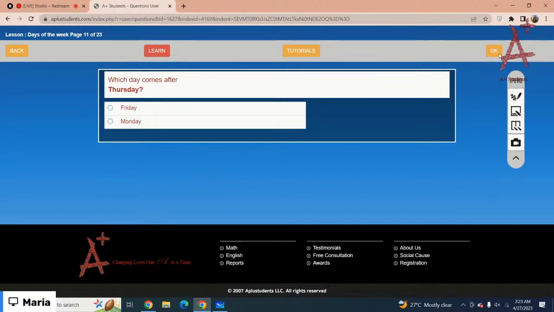Which day comes after Thursday? It would be Friday after the Thursday. Yes, it would be Friday. Very good.